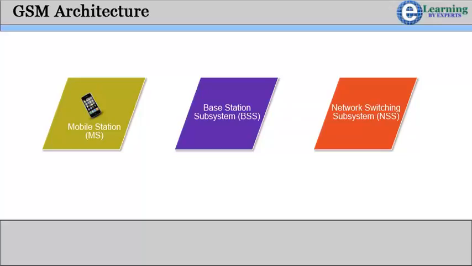They work together to provide connectivity, mobility and services for mobiles. The interface between mobile station and base station subsystem is called AIR interface, while the interface between BSS and NSS is called A interface.